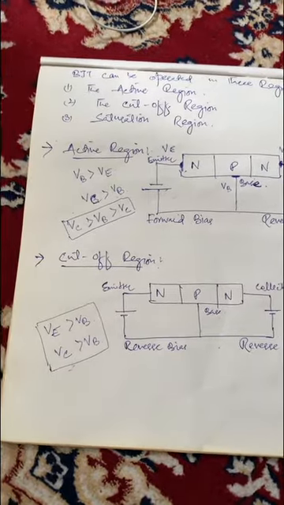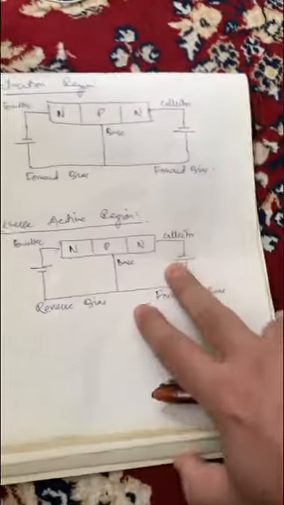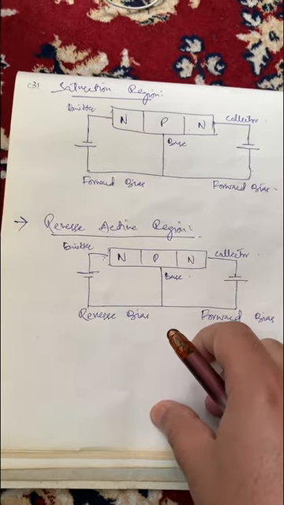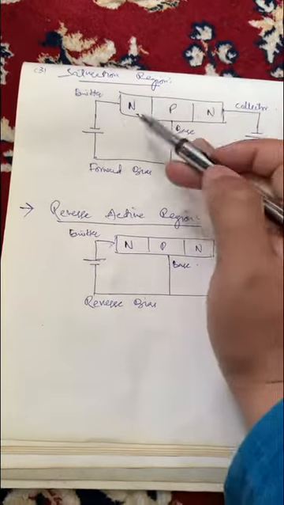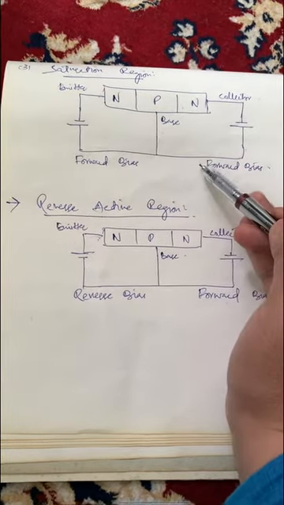Okay, similarly, in case of saturation region, both base emitter region and base collector region are forward biased.